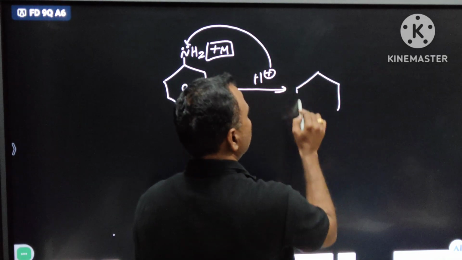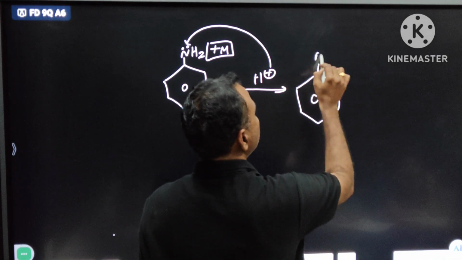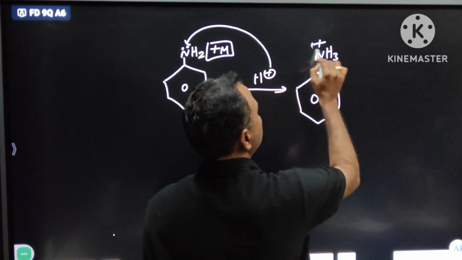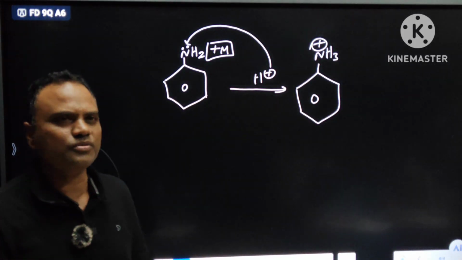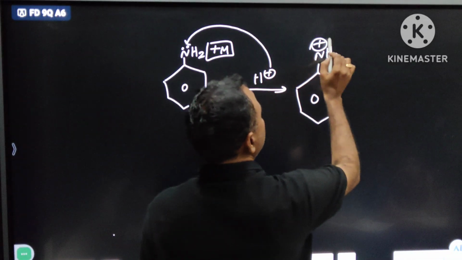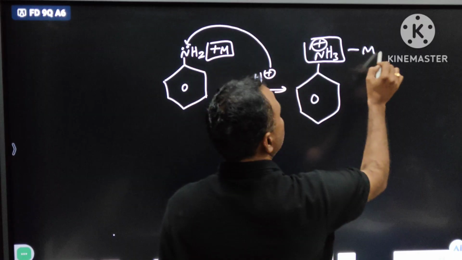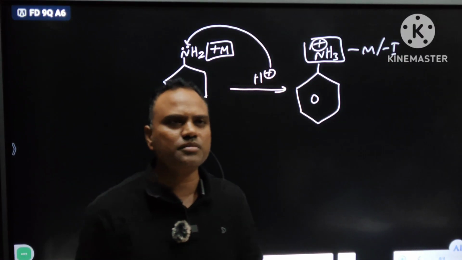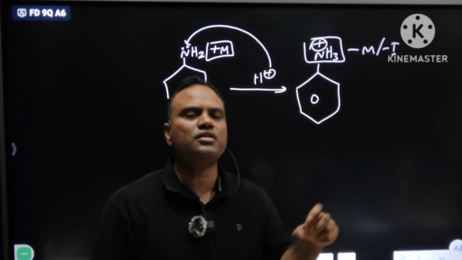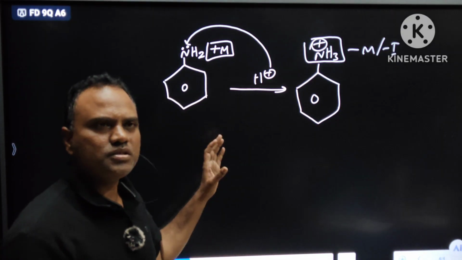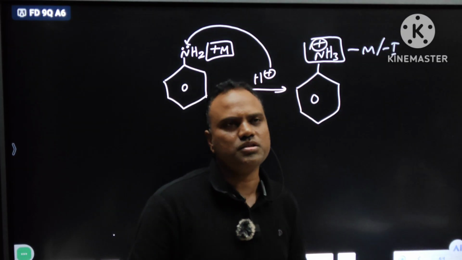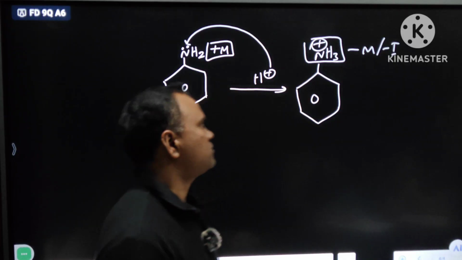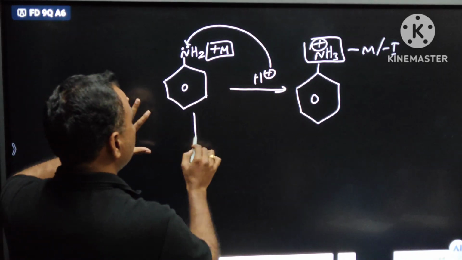Then we will get NH3+. A plus M group will convert to a minus M group or minus I group. Very, very important. In the presence of acidic medium, a plus M group will convert to a minus M group. Clear? So with NH2 what will we get?